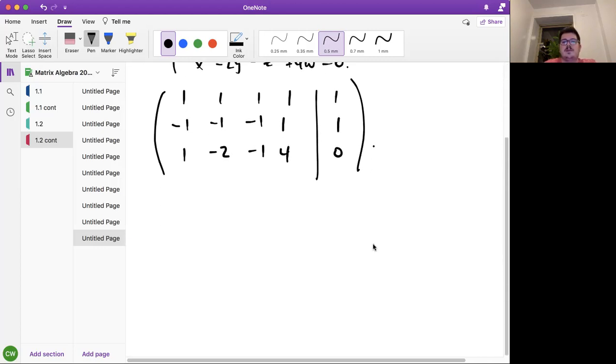Okay, so what's our first step here? This will be our last example, and then we'll be finished. Yeah, so we do row 2 plus row 1, and then what do we do to row 3?